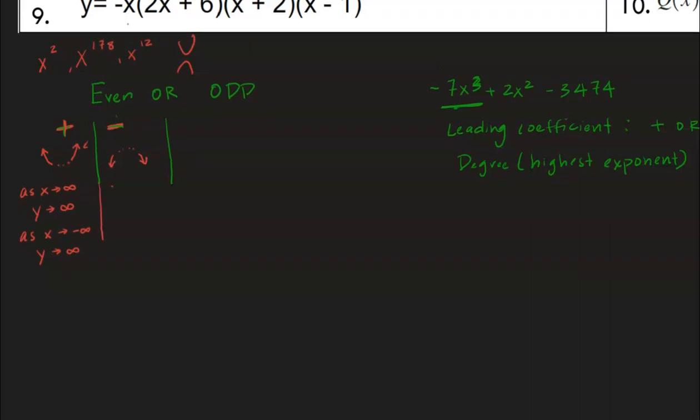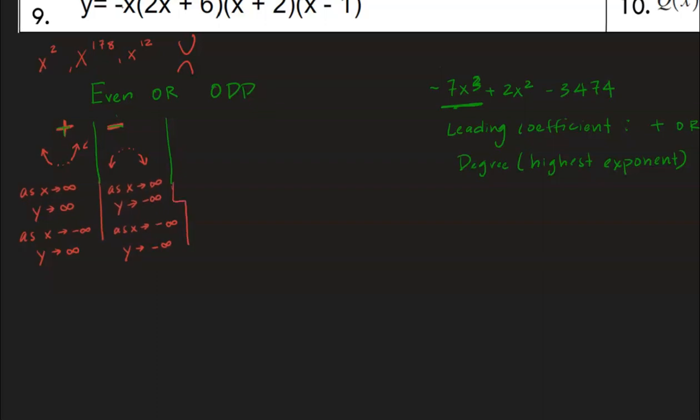So for this, as x approaches positive infinity, y approaches negative infinity. And as x approaches negative infinity, y approaches negative infinity. And that's going to be for all even functions. Treat it like a quadratic.